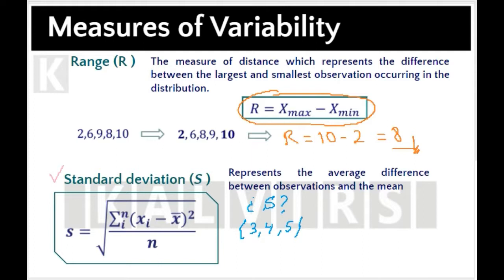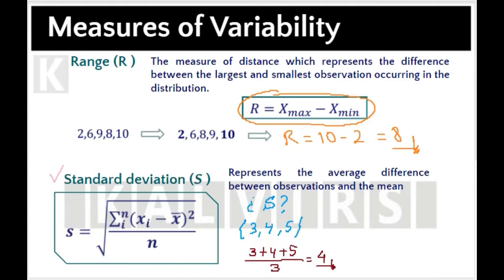To understand the formula given in the chart, first we need to find the average of this set. The average is 3 plus 4 plus 5 over 3. So finally we get 4.